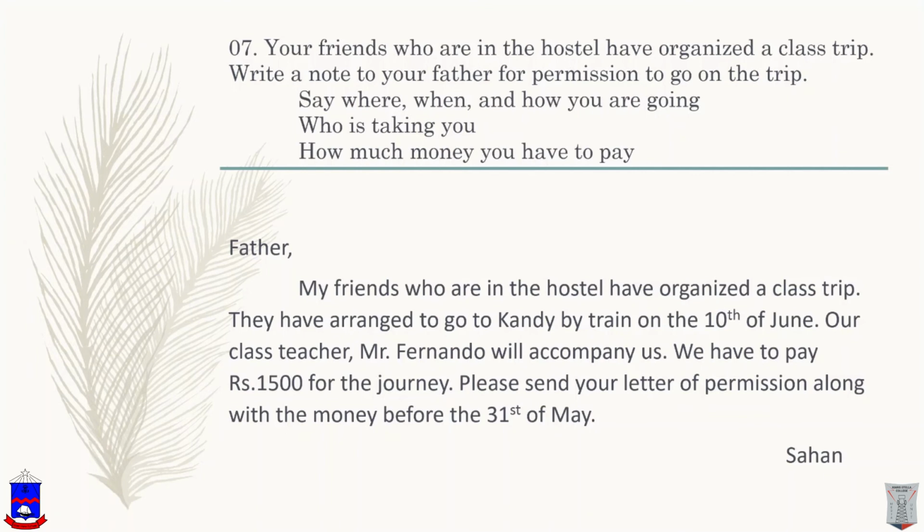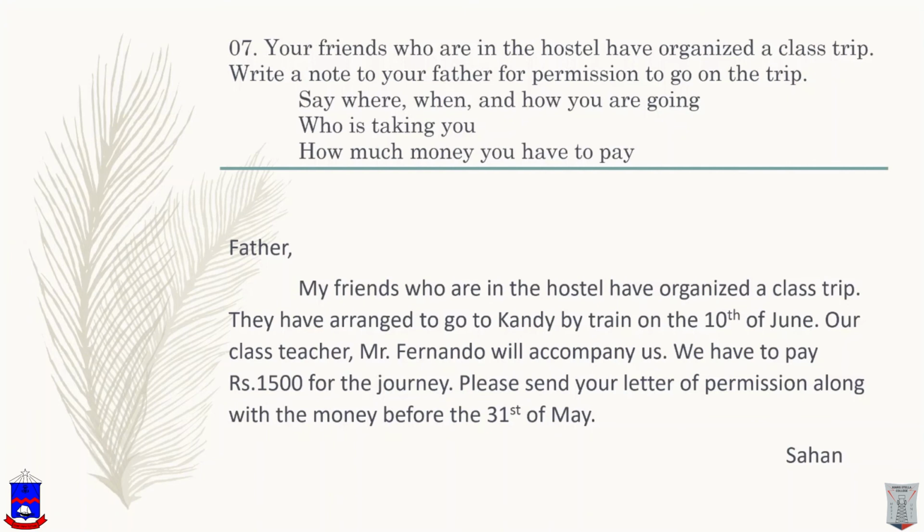Our class teacher, Mr. Fernando, will accompany us. Who is taking you? Mr. Fernando. So there too you have answered another point, or you have given information on another point. We have to pay rupees 1,500 for the journey. So how much money you have to pay is given there.